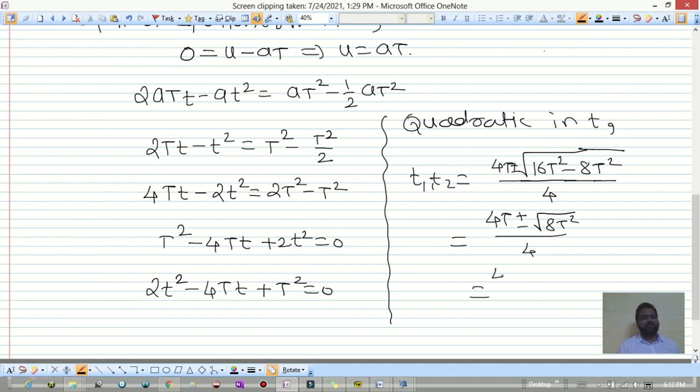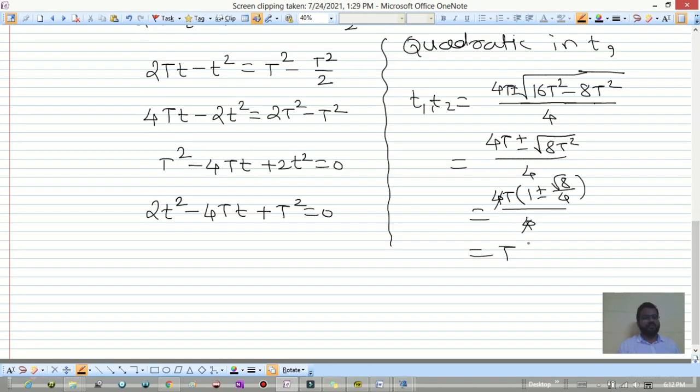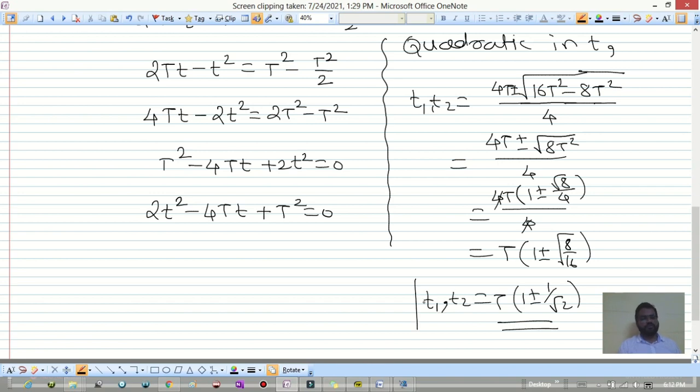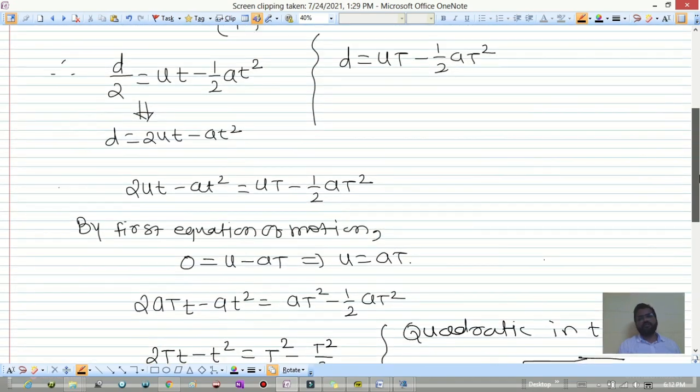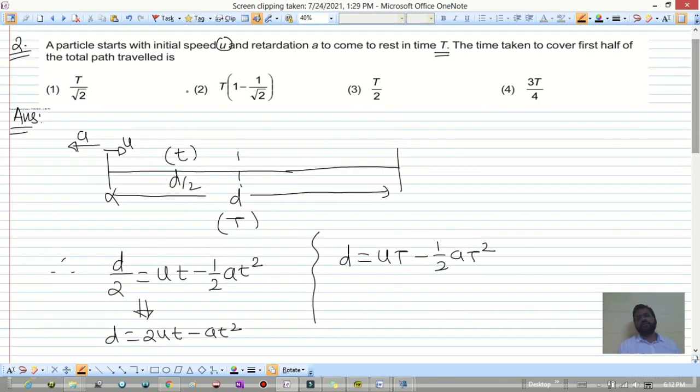So we'll have 4T in bracket 1 plus or minus root 8 divided by 4, and the 4 gets cancelled. We'll get T in bracket 1 plus or minus root 8 by 16, as 4 is root of 16, isn't it? So 1 plus or minus 1 by root 2. So over here the answers are t1, t2, and that is 1 plus 1 by root 2 times T or 1 minus 1 by root 2 times T, and this is given in option 2.